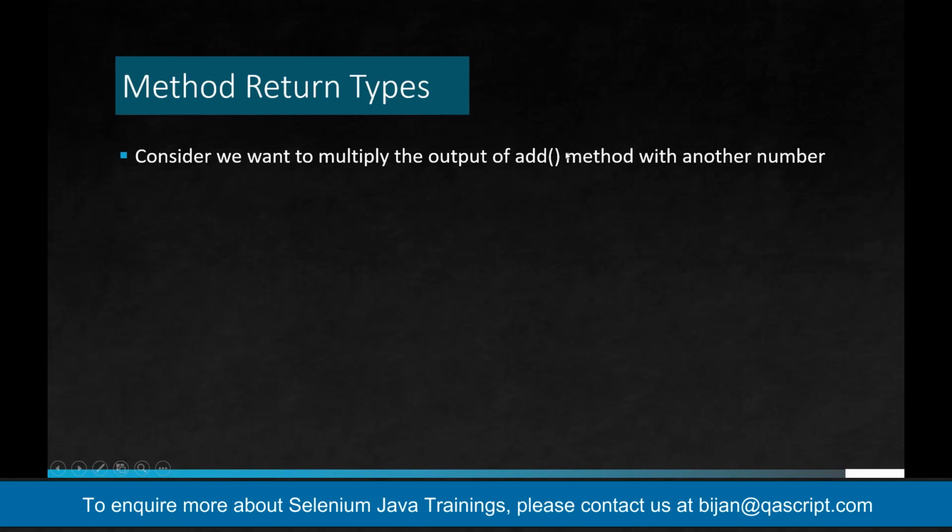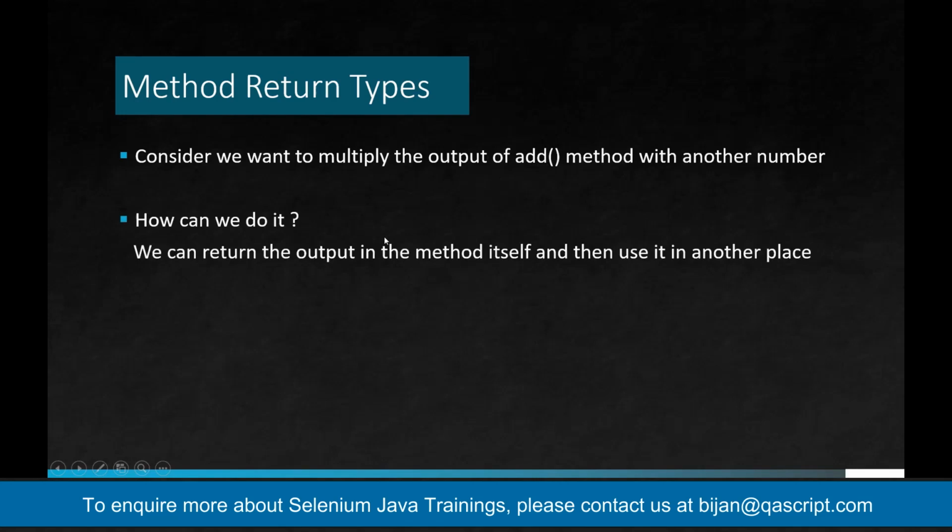Then how do you use the output of this add method to perform some other operation, right? That is where you would try to return the particular output which you are getting out of this method. We can return the output in the method itself and then use it in another place. So that's where the return types are useful.